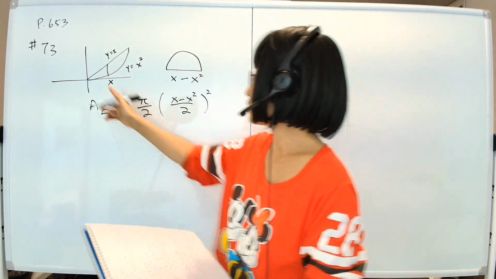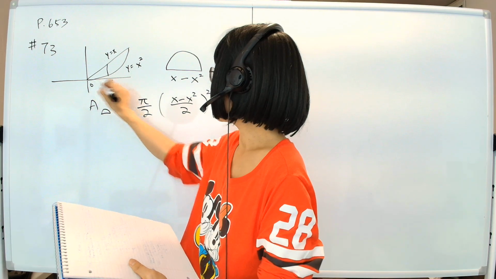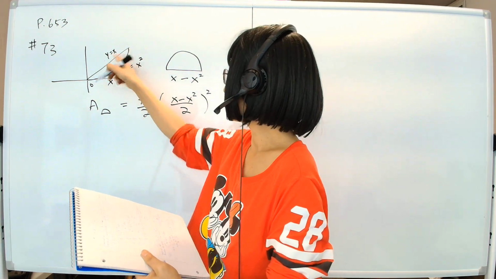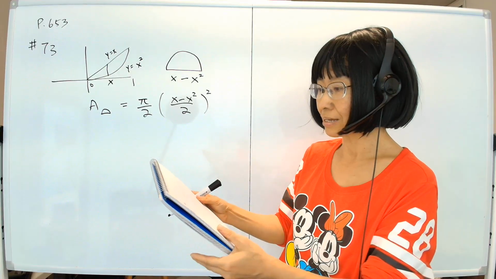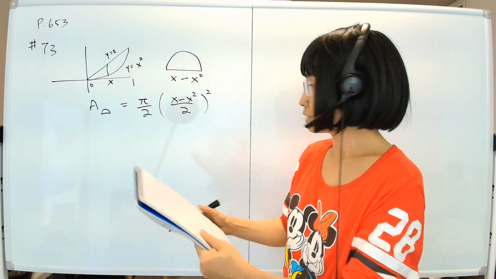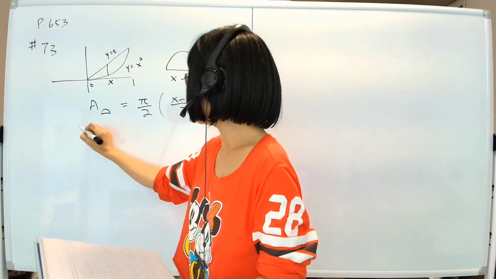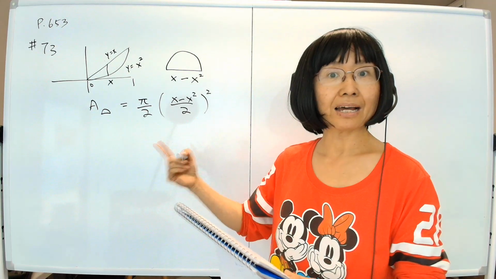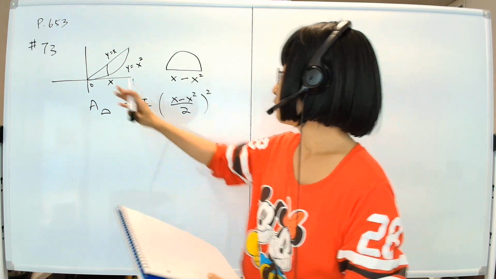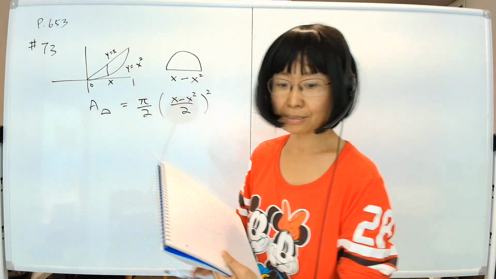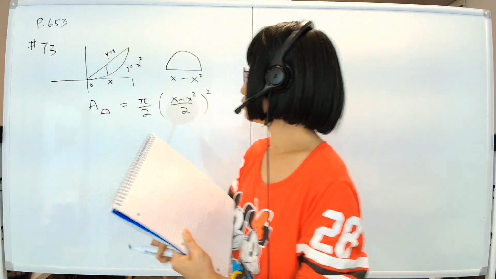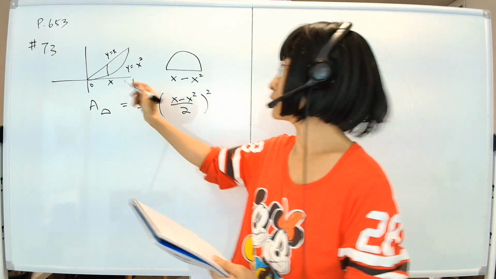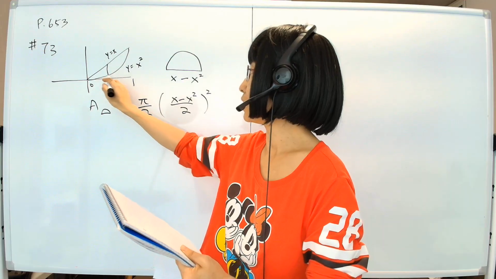And x is integrating from 0 to 1, because 1 is where y equals x and y equals x squared intersect. They both intersect at 1. So we then try to do the integration. The semicircles are standing up here like that, and we'll integrate them from 0 to 1 with dx, because the dx goes this way.